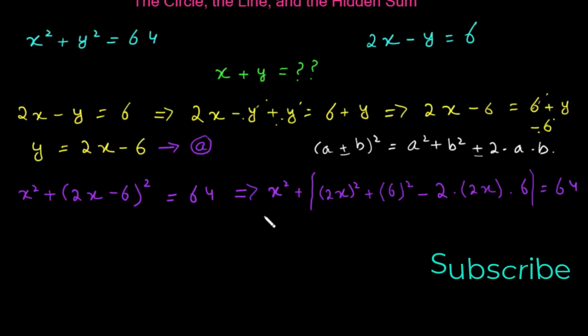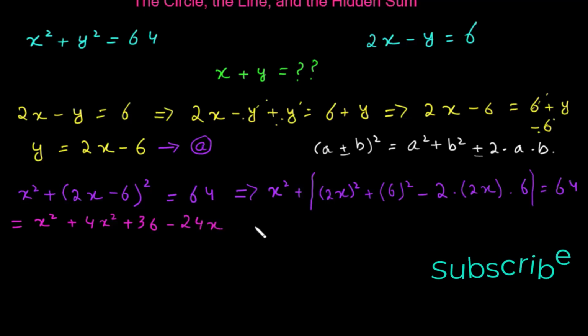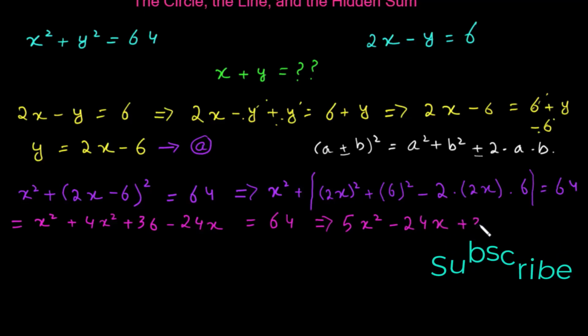So continuing with this solution, this will give us 4x squared plus 6 squared is equal to 36, minus 2 times 2 is 4, 4 times 6 is 24, x is equal to 64. Combining the like terms, that will give me 5x squared minus 24x plus 36 is equal to 64.